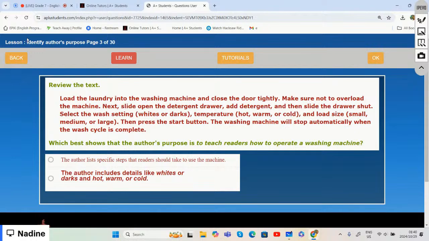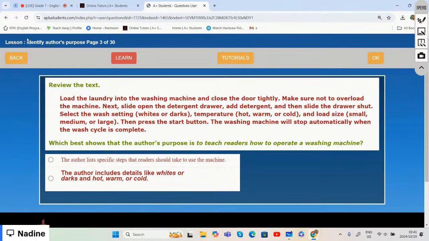Select the wash setting, whites or darks, temperature, hot, warm, or cold, and load size, small, medium, or large. Then press the start button. The washing machine will stop automatically when the wash cycle is complete.